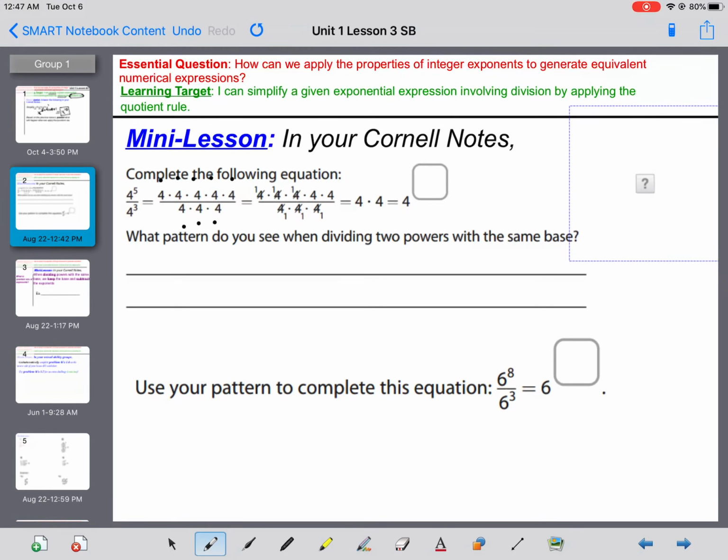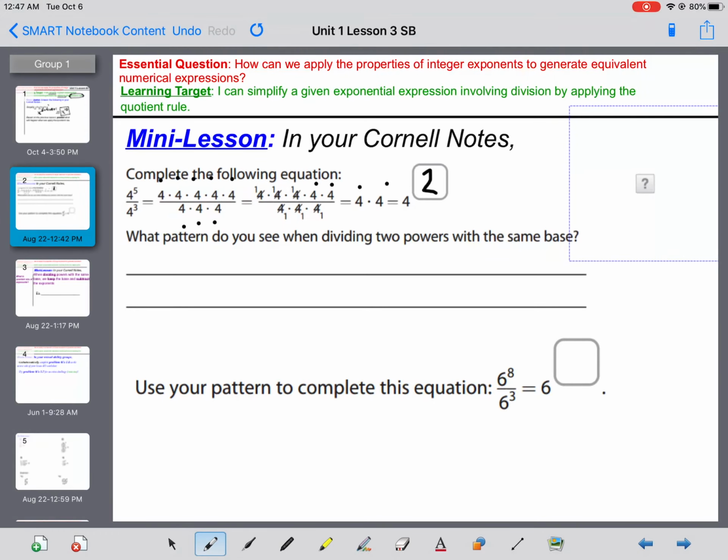We know that if we cancel out a 4 on top, we can cancel out a 4 on bottom. Since there's only 3 4s on bottom, we're going to also cancel out 3 4s on top. So that means that we are left with 1, 2 4s. So that means it is going to be raised to the 2nd power.